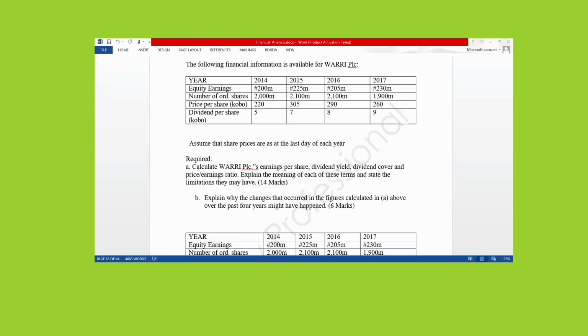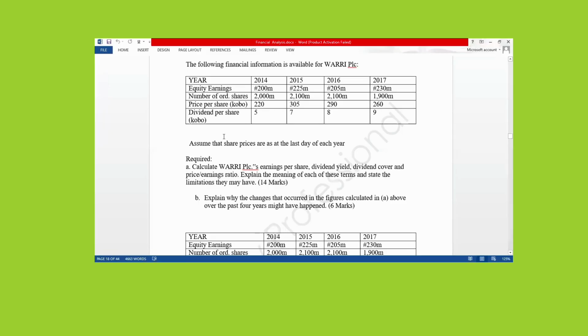we explained financial statement analysis. We explained financial analysis as evaluation of financial statements.